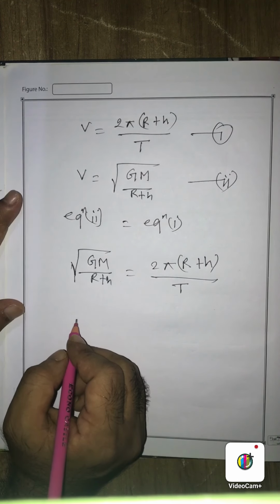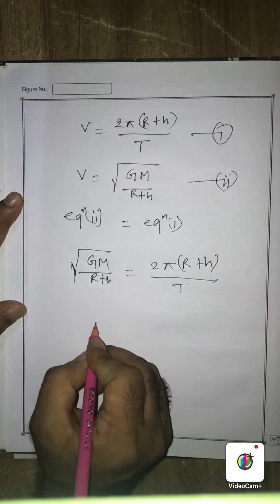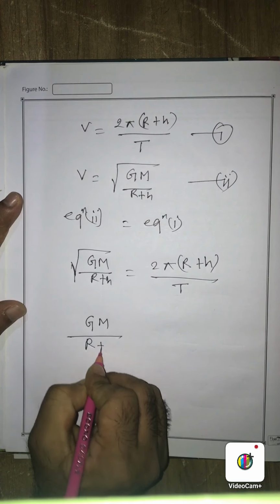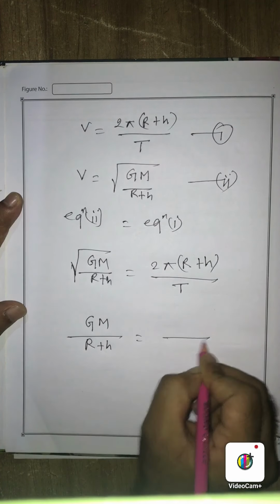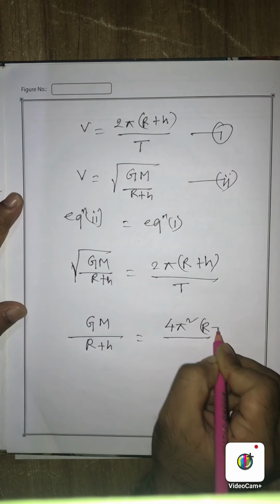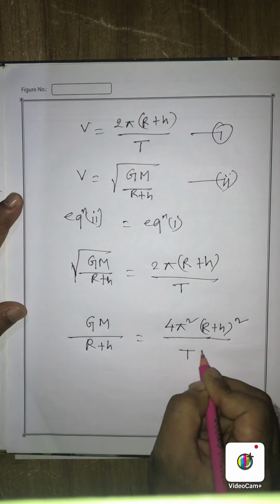Now squaring both sides, GM divided by (R plus H) equals 4π squared (R plus H) whole squared divided by T squared.